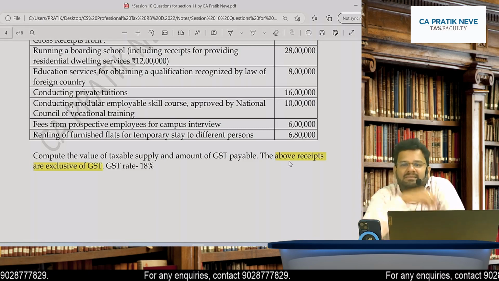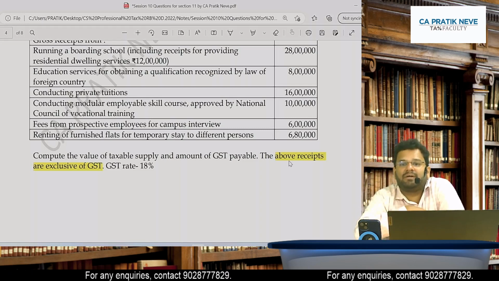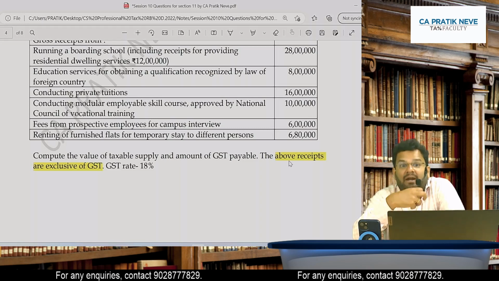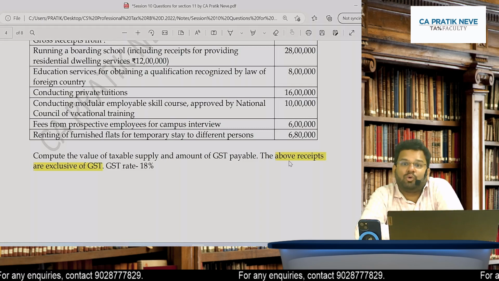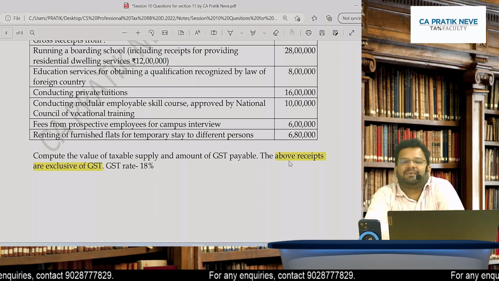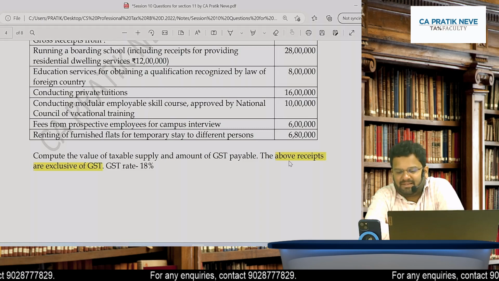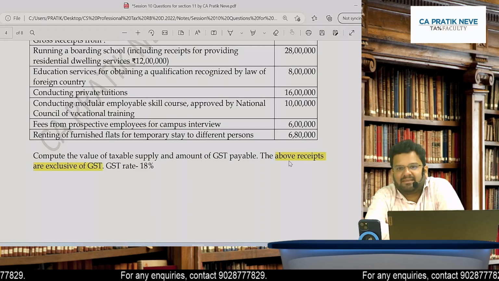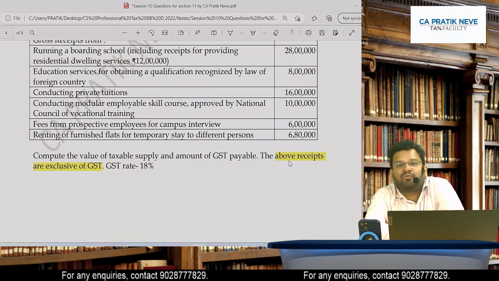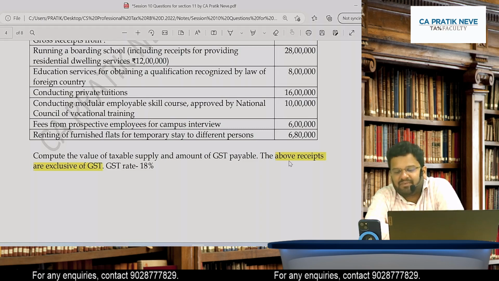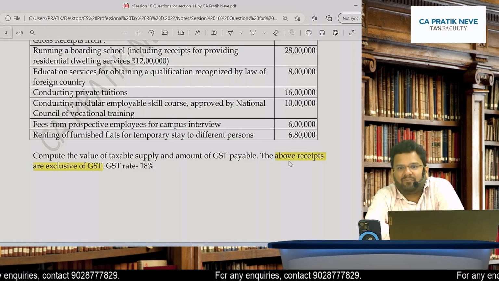So suppose now I modify your question. If I am the service provider of that online journal and I provide that service to ICSI, then now you answer, will it be exempt or will it be taxable? Now for that, what you have to answer is whether ICSI falls in educational institution.